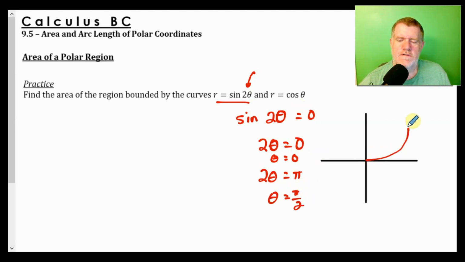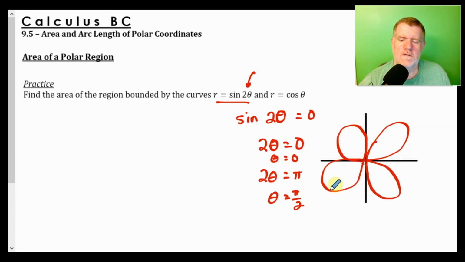So it comes out, and it comes back at pi over 2. Now the rest of the graph follows the same, oops, that's not a good graph. See if I can redo that part. The rest of the graph comes back and follows the same shape. So it looks something like this. Not a great graph, and that's really poorly drawn.